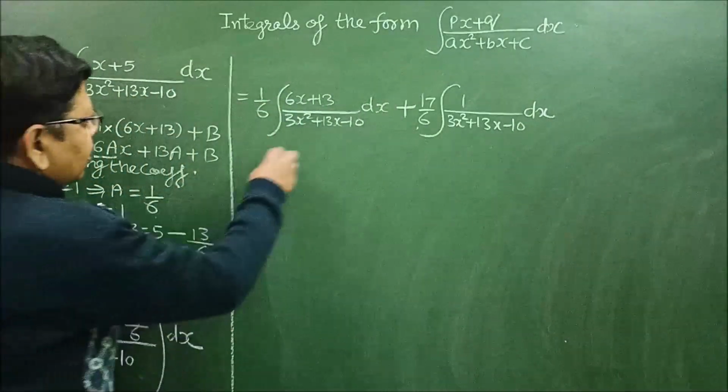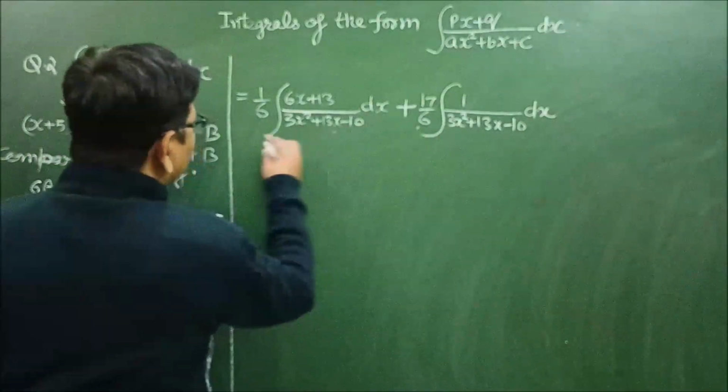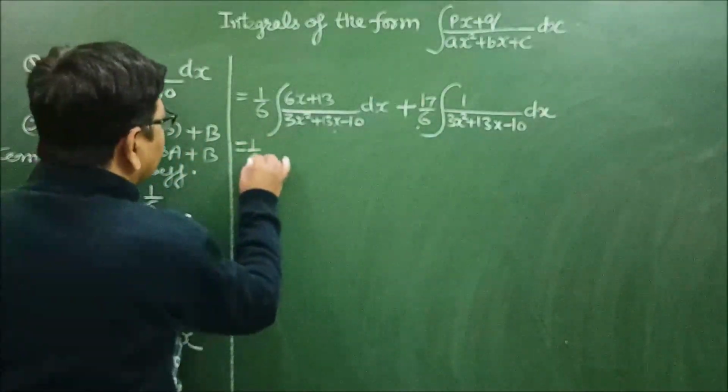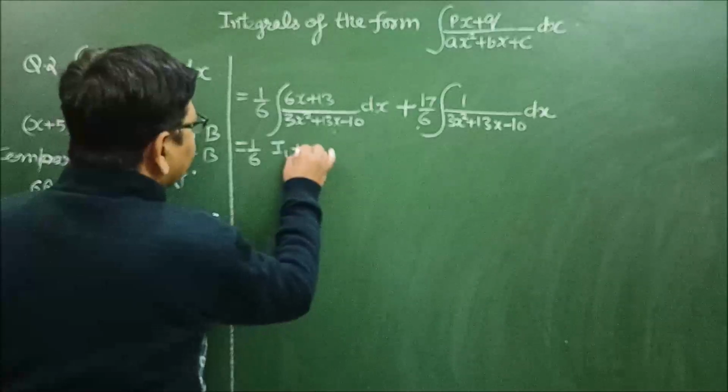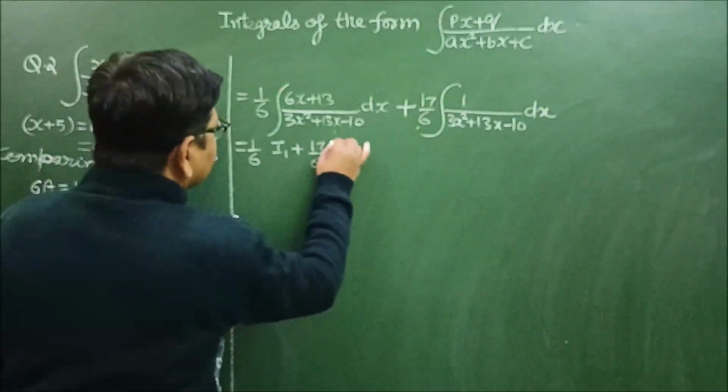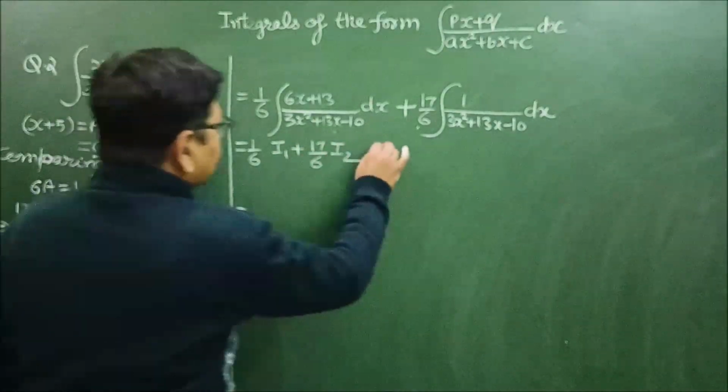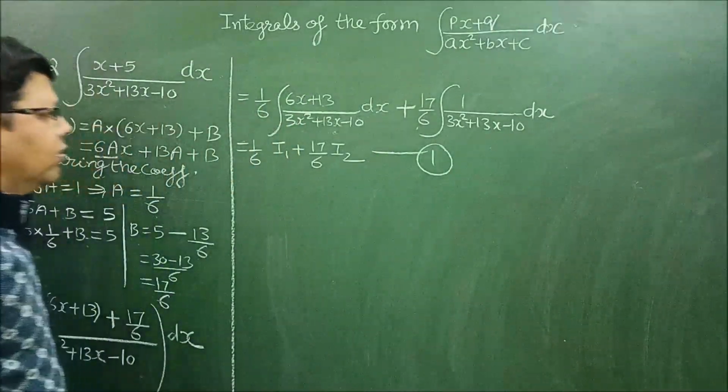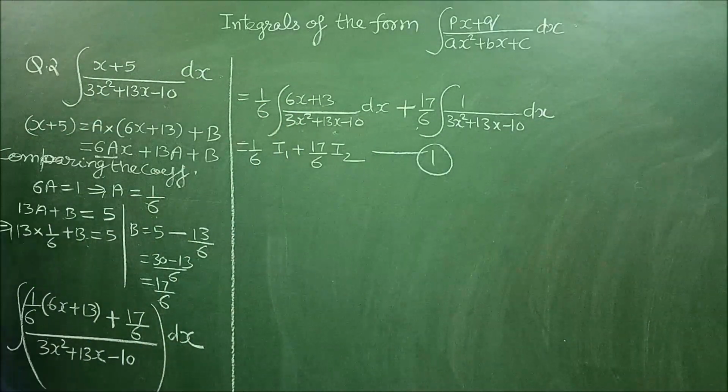Now let this integral be I1 and the other be I2. So we can write this is equal to 1 upon 6 I1 plus 17 upon 6 I2. Number 1. Now let us solve the two integrals separately, I1 and I2.